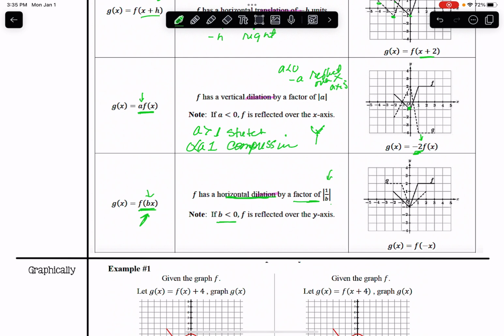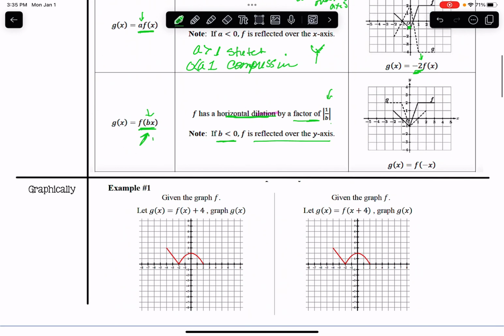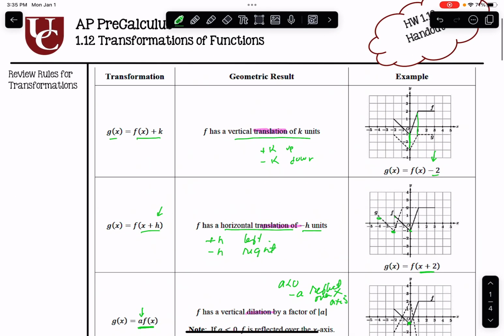And also, if b is less than 0 inside the function, it's reflected over the y-axis. All that should be review to you. If not, go find it in your textbook, where it goes into more detail. And that's true for any function that you have.